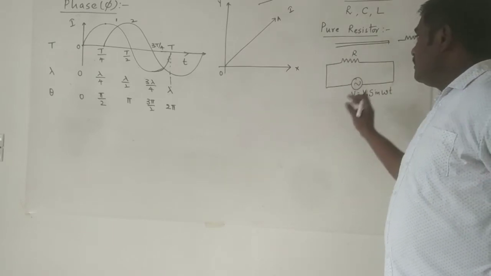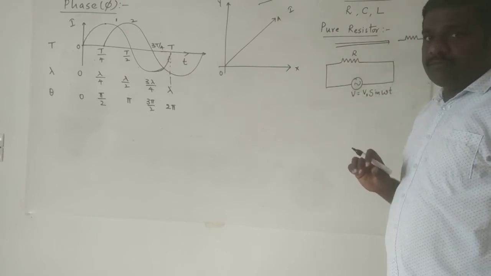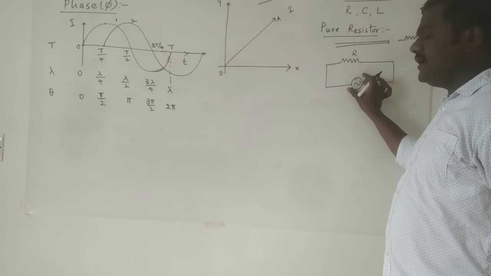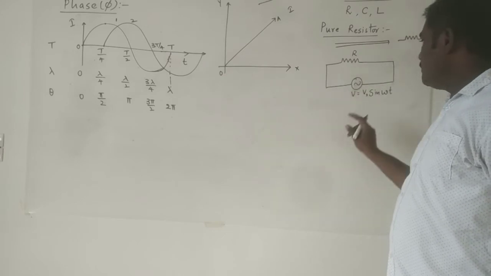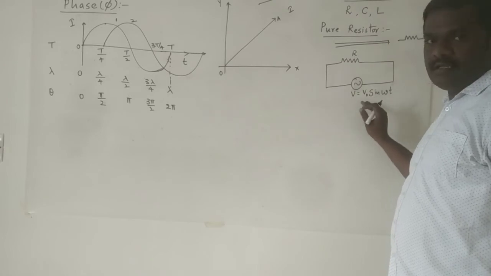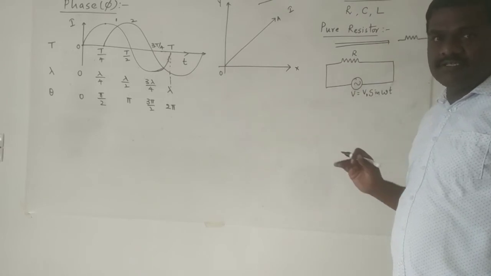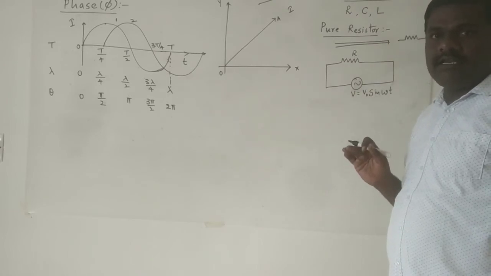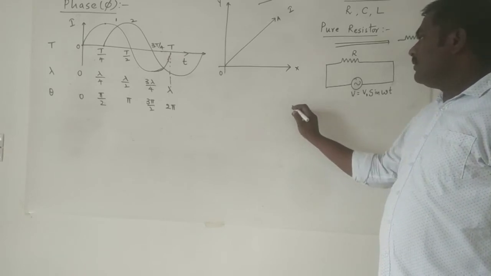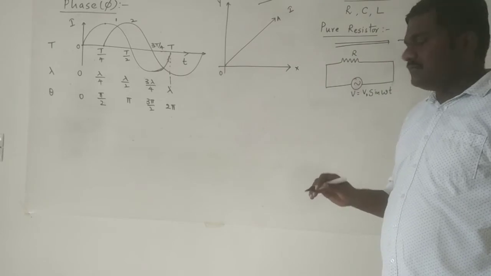Now, let us go with the derivation. Such a pure resistor is taken and connected across an AC source whose instantaneous voltage V is equal to V0 sin omega t. In the last session I discussed what is instantaneous voltage: the voltage at any instant of time. Now, how to establish a relation?